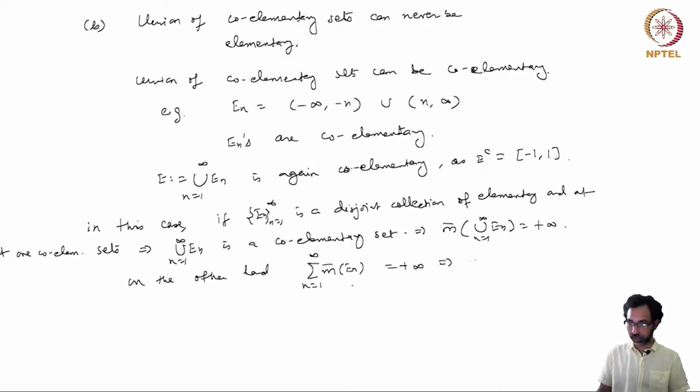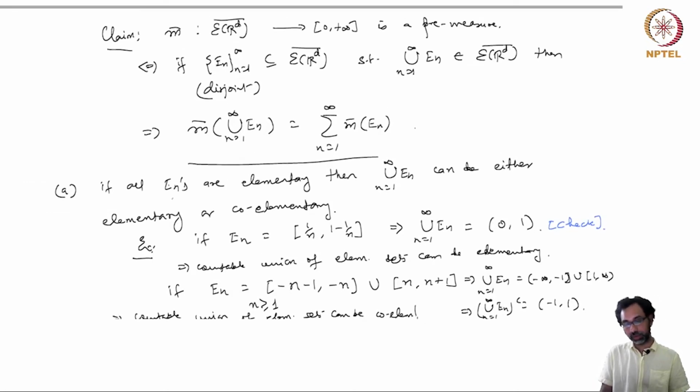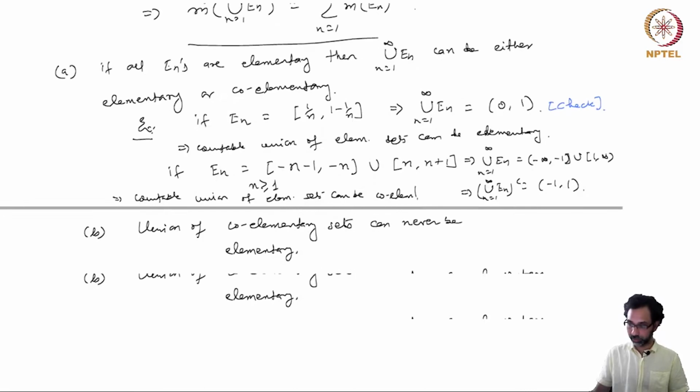This implies that countable additivity holds. So now we only have to show case A, where a union of elementary sets is elementary. So let's see the proof.